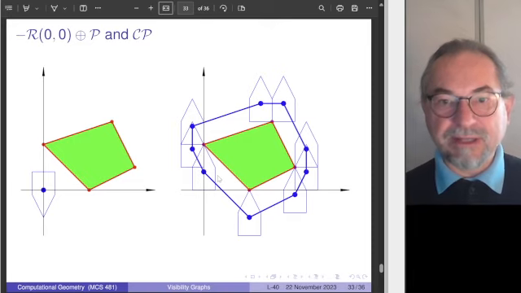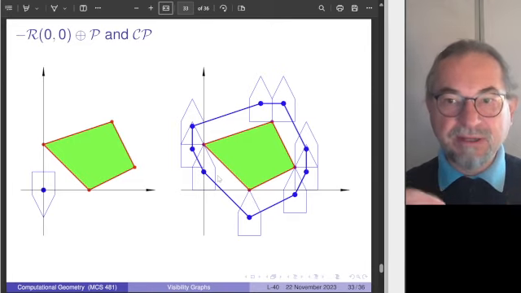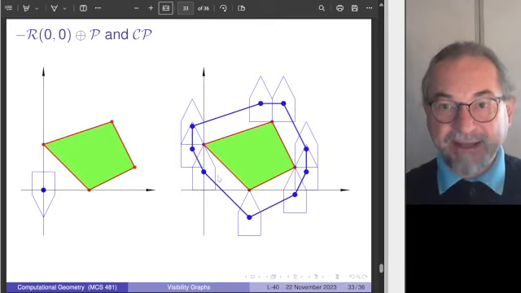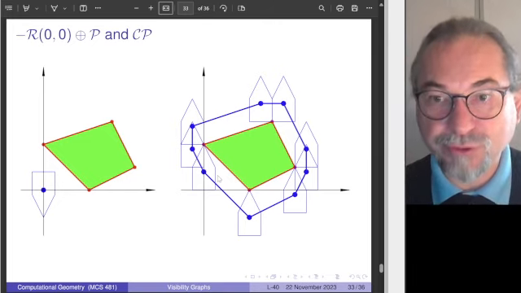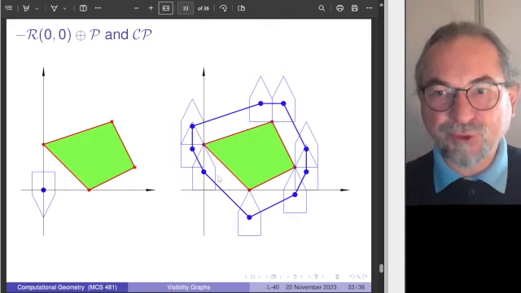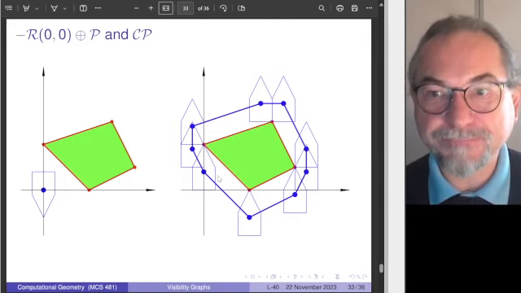Then you see that the blue line goes to the barycenter. In this blue envelope you recognize the edges of the obstacle, and you also recognize the edges that are parallel to the robot. So the blue envelope stores the information of the obstacle and the robot.